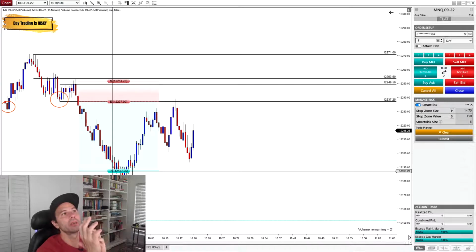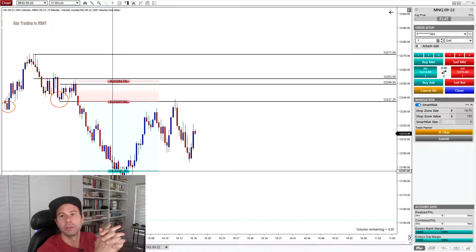Now 7 minute is doing a very bullish pattern, as well as the 3 minute.